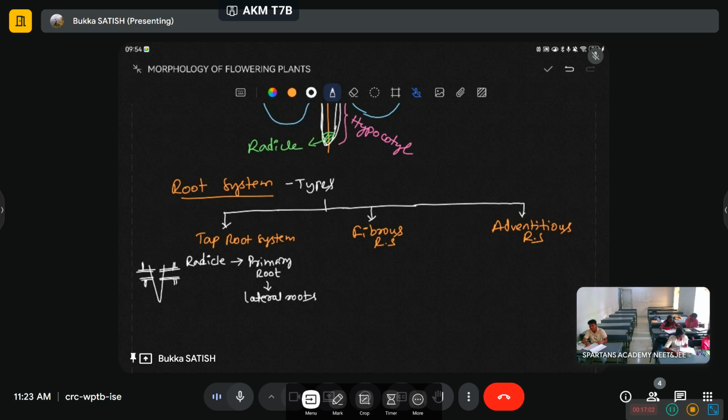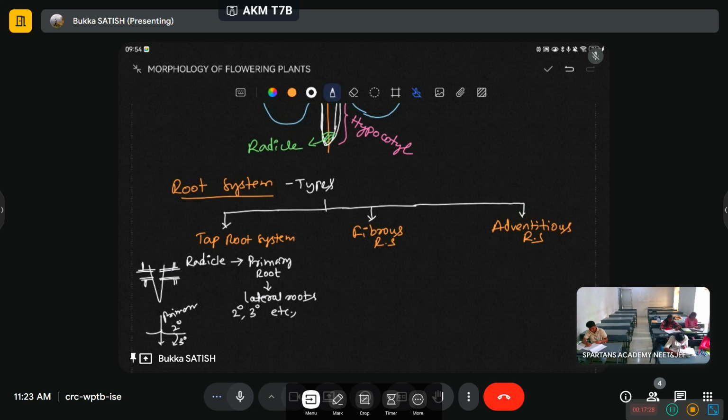Right, now these lateral roots are of different orders. This can be secondary roots, tertiary roots, etc. I hope you understood. The first one is primary. Primary will give branches which are secondary. Secondary will be branched to form tertiary.